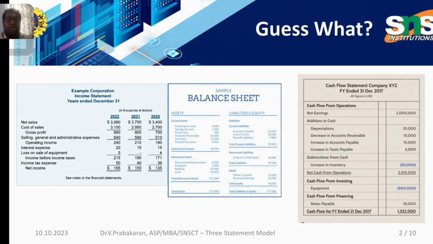The second talks about the balance sheet of a company, assets and liabilities. The third talks about the cash flow analysis. Today's discussions directly connect the income statement, balance sheet, and the cash flow statements. We'll see what it is.